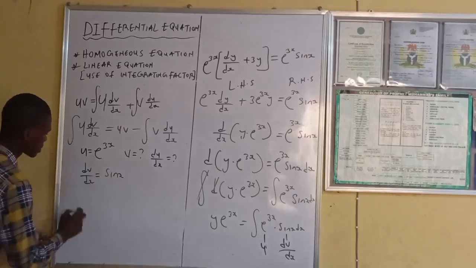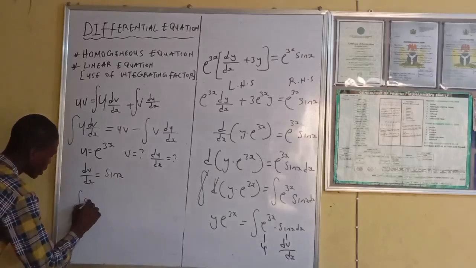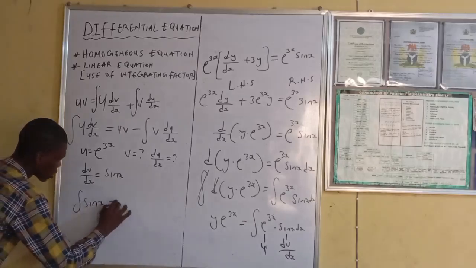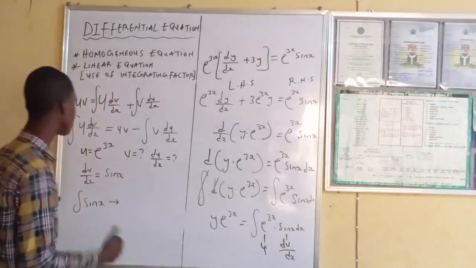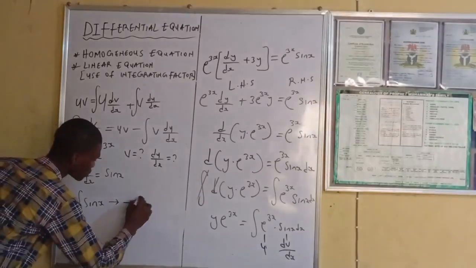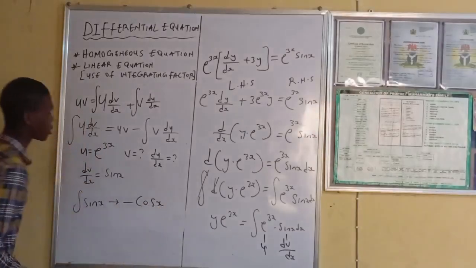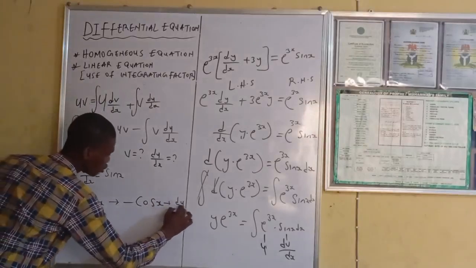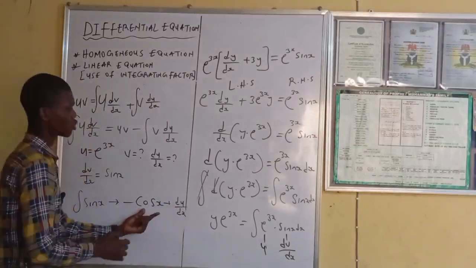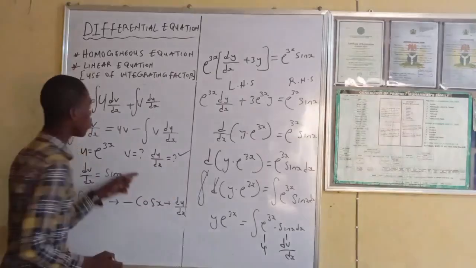Okay, from here, integrating sine x, the integral of sine x is minus cos x.